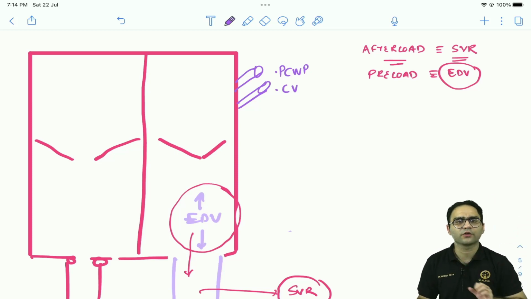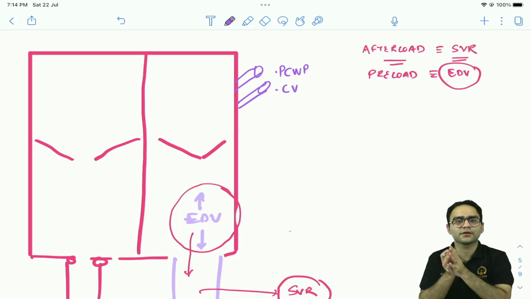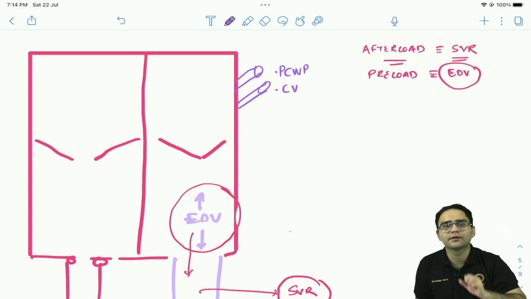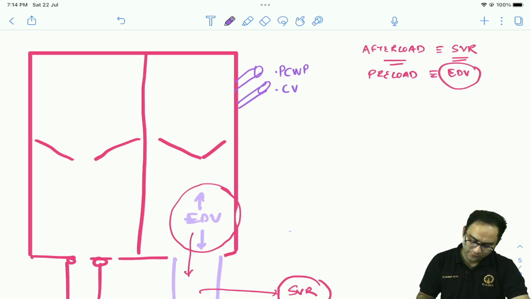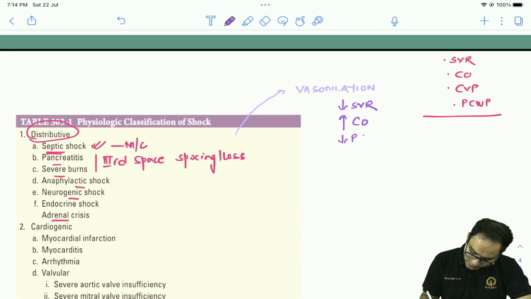This is the basic physiology concept you know. So in distributive shock or septic shock, the blood is being pushed forward, there is a paradoxical increase in cardiac output, and that's why you have a decrease in the pulmonary capillary wedge pressure and a decrease in the central venous pressure.